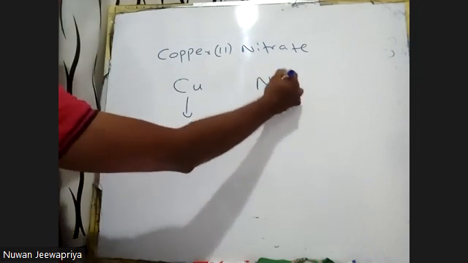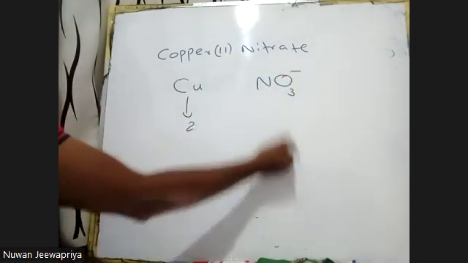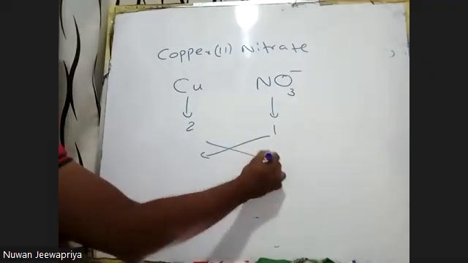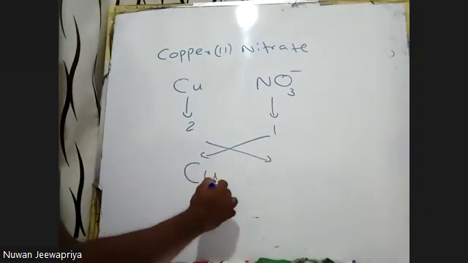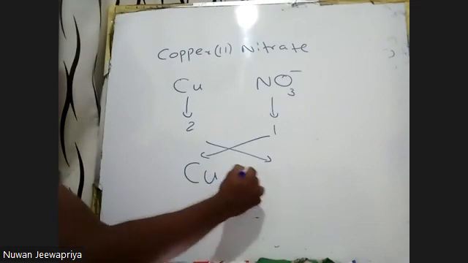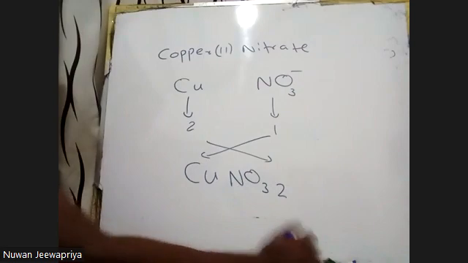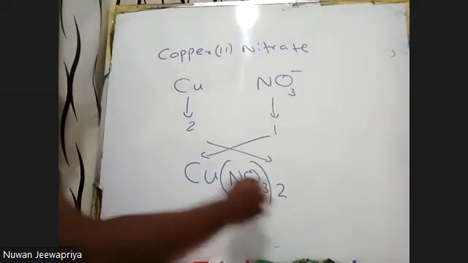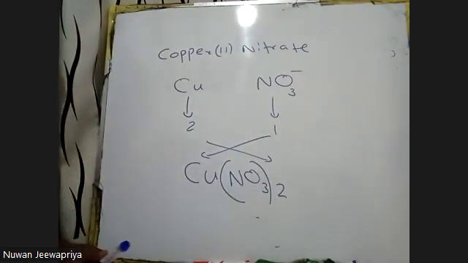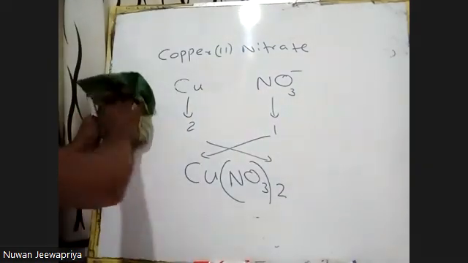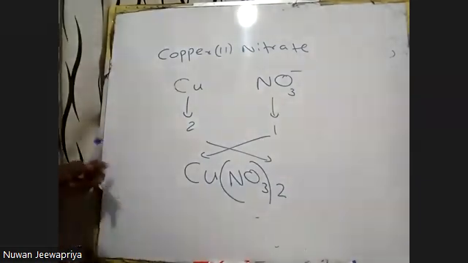Nitrate is familiar to you now: NO3 minus, valency 1. So we interchange. Copper gains number 1, nitrate gains number 2. So why don't you put a bracket? That's how we write copper 2 nitrate. This is how the copper 2 nitrate comes.